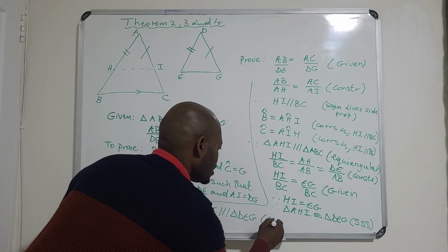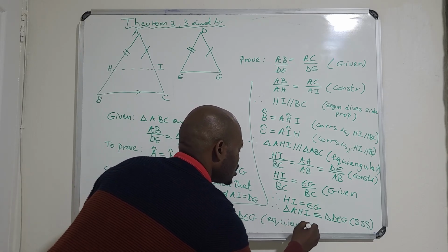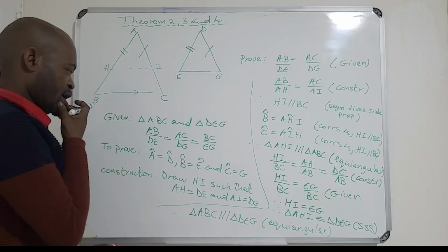Because they're equiangular. Here we say that triangle ABC is similar to triangle DEG. It is because triangle AHI is similar to triangle ABC, and since triangle AHI is similar to triangle ABC and triangle AHI is congruent to triangle DEG, it means that triangle ABC is similar to triangle DEG.